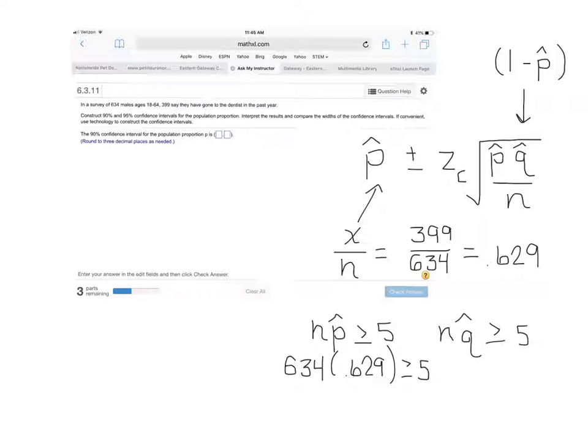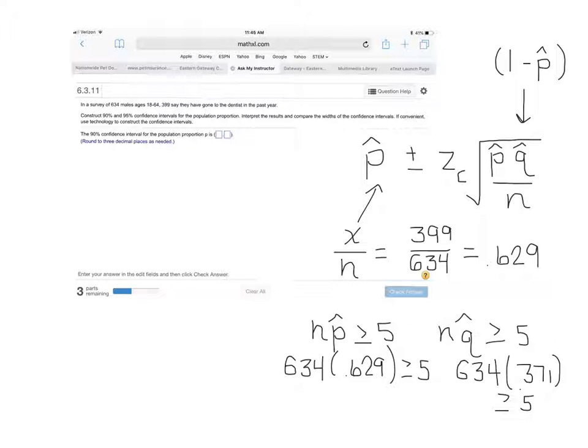And then our expected number of failures would be n, 634, times 1 minus that p hat of 0.629, 0.371. Clearly, that is also a number that is much larger than 5. It's a little more than 235. So therefore, our expected number of successes and failures are definitely large enough, and therefore we can continue quite confidently with the construction of this interval.